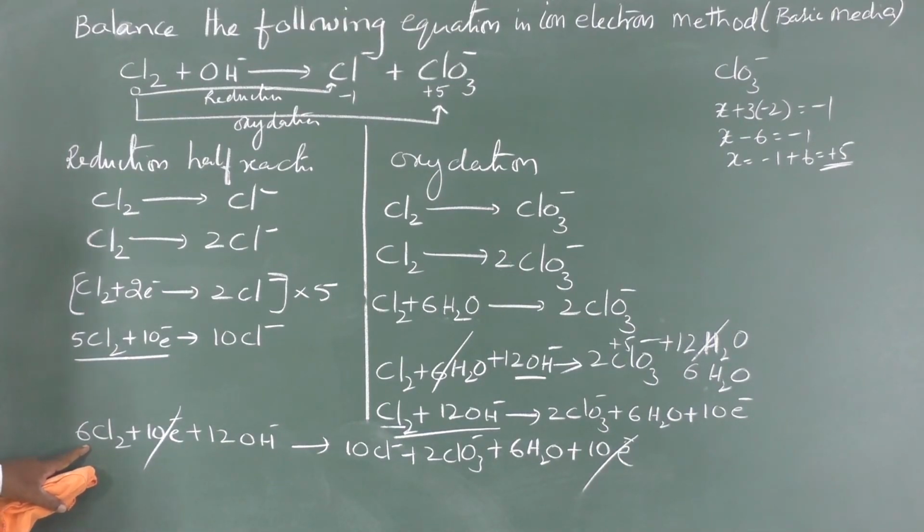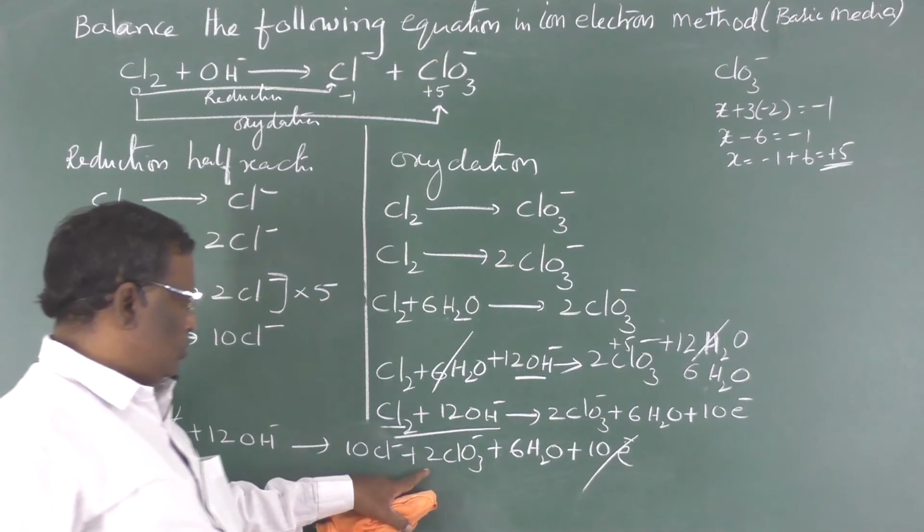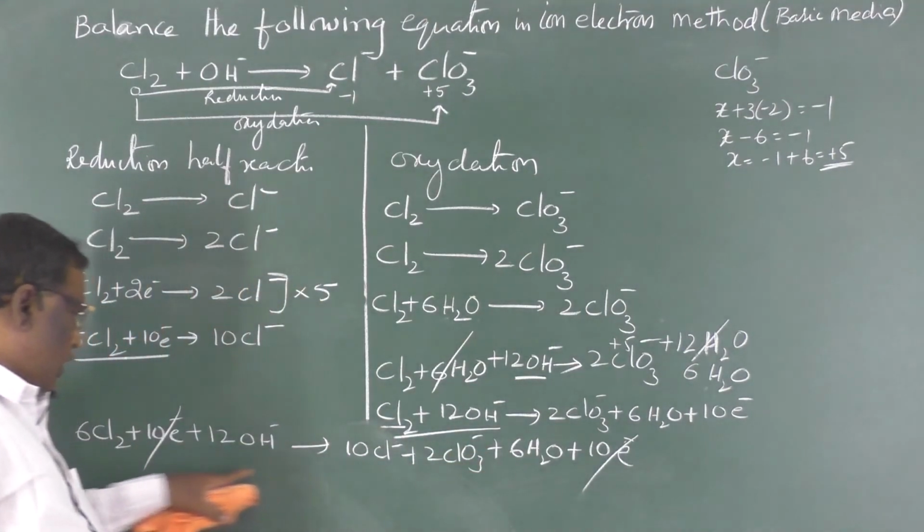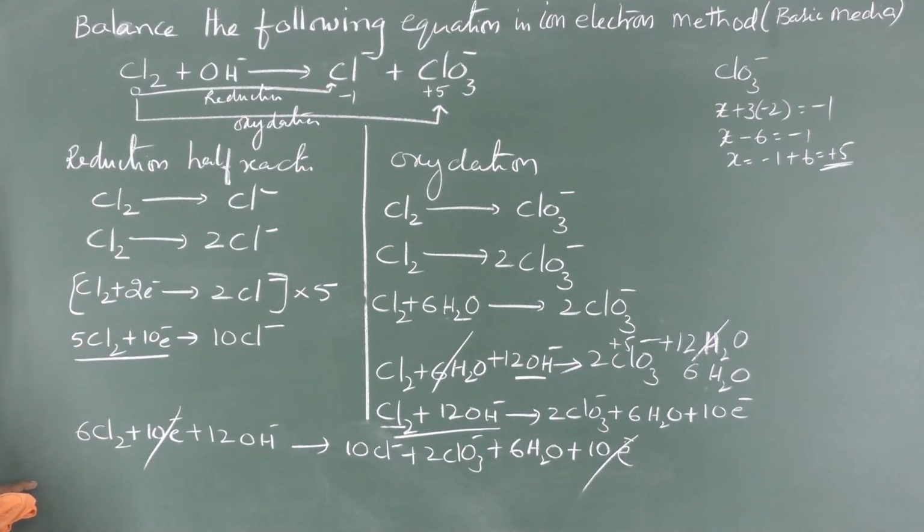So here we have 6, 12, 10, 2, 6. All are divisible by 2. We can keep the equation like this only.